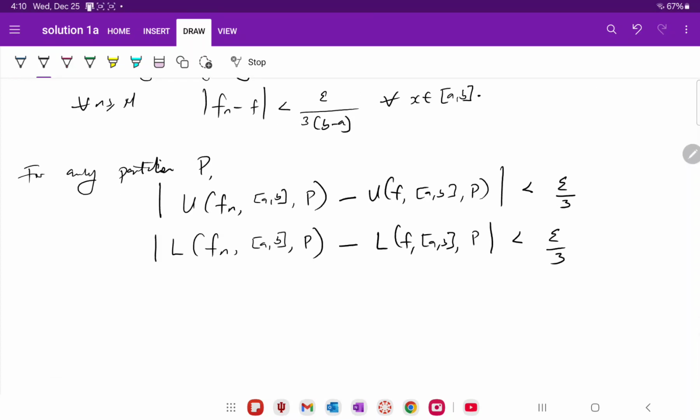So we can now apply the triangle inequality.